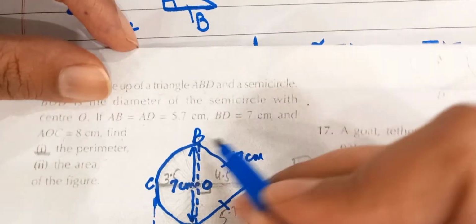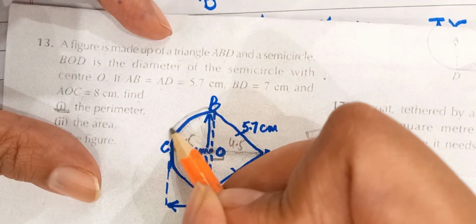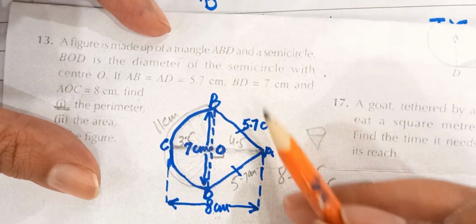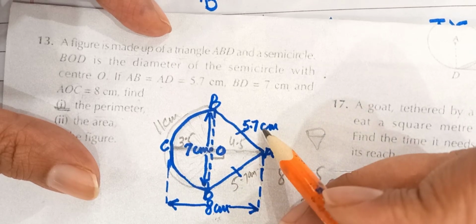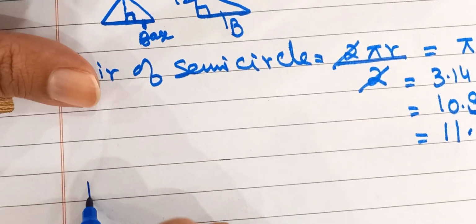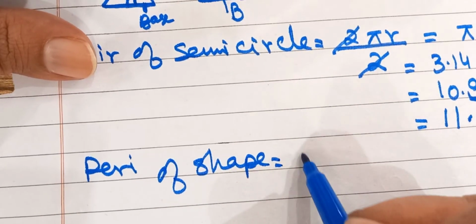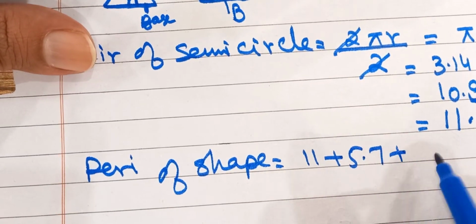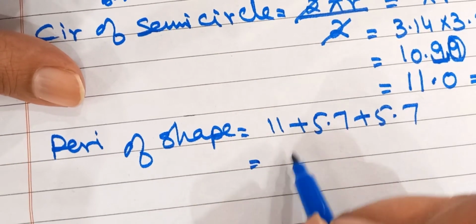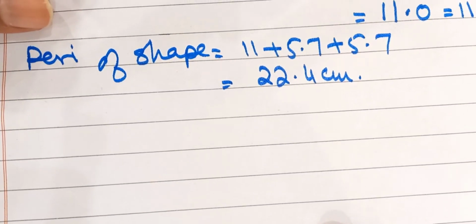So now I know that all this part, starting from here till here, is 11 centimeters long. So the perimeter is 11 plus 5.7 plus 5.7. Perimeter of the shape is equal to 11 plus 5.7 plus 5.7, and I get my answer, which is 22.4 centimeters. So we got the perimeter.